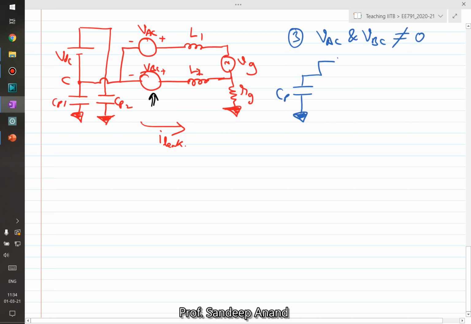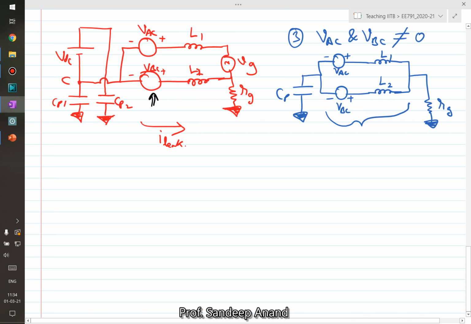And then there is source VAC, there's another source VBC, inductance is L1, L2, this is short because grid voltage is not there, and RG connected to the ground. Again, we can do the same thing. We can find the Thevenin equivalent of this, right? In that Thevenin equivalent, we can replace and show that equivalent circuit.